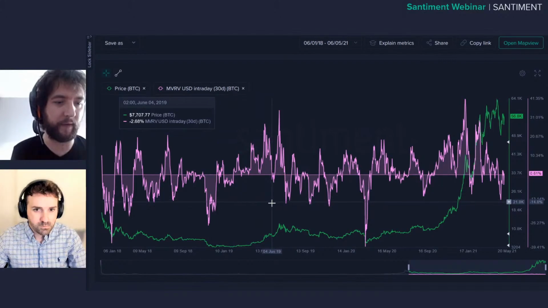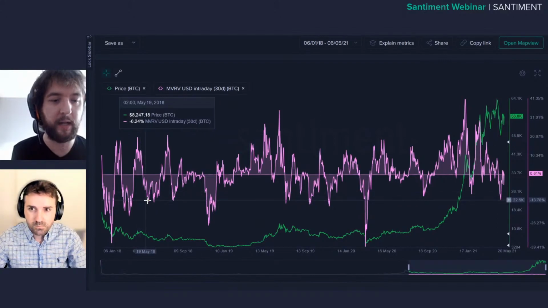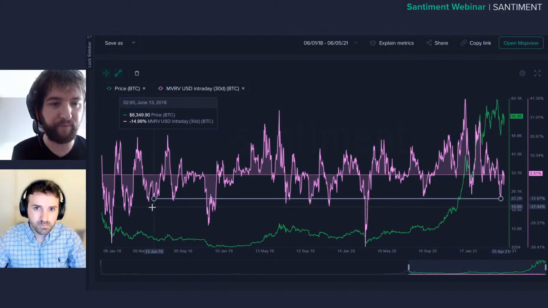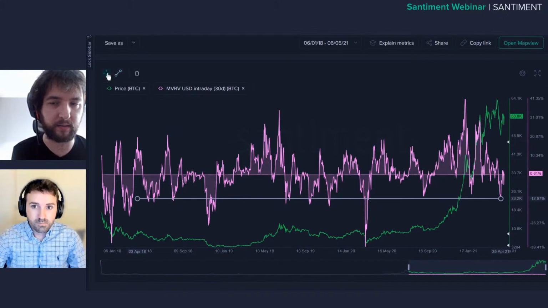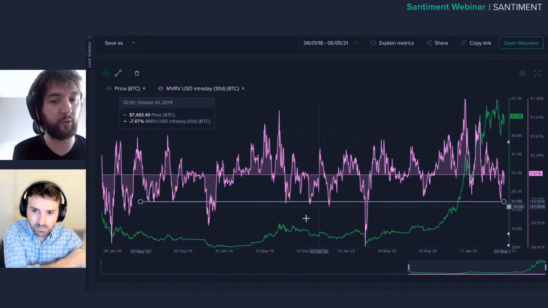But in general, and I wrote about this here, when you look at Bitcoin's 30-day MVRV ratio, overall it has shown a tendency to not spend a whole lot of time below minus 15%. And actually minus 15%, if we draw a line here, has been a fairly consistent support level for Bitcoin's 30-day MVRV over the last 2.5 years.